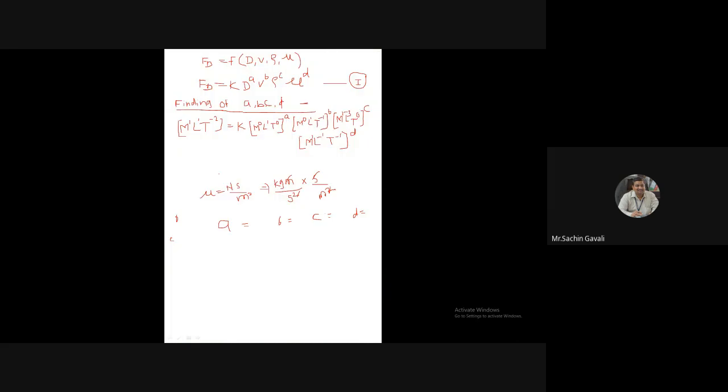But remember why we have taken this numerical: if the number of independent variables becomes 4, this method is not suitable for getting the relation. Therefore, this method is limited to 3 variables.